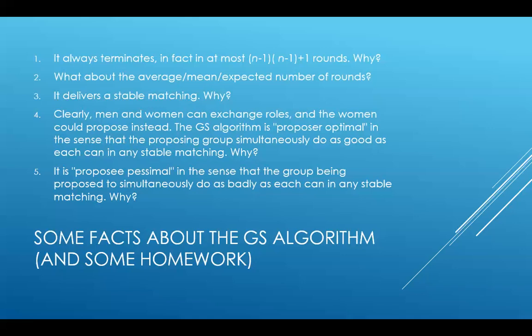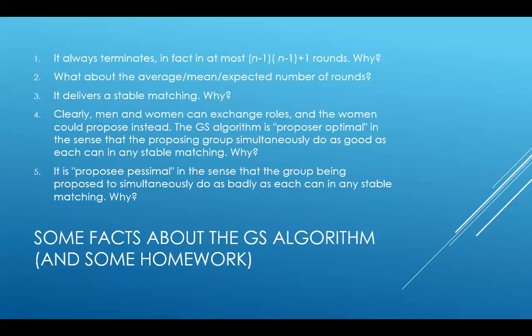The ones proposing in this algorithm end up with the best possible choice on their preference list that they could have in any stable matching. In any stable matching at all.